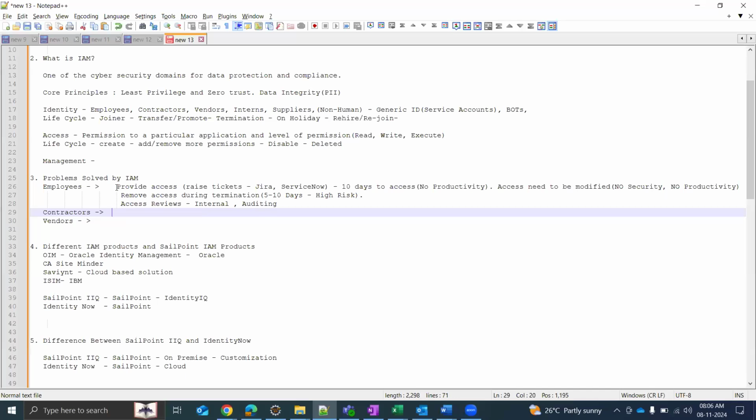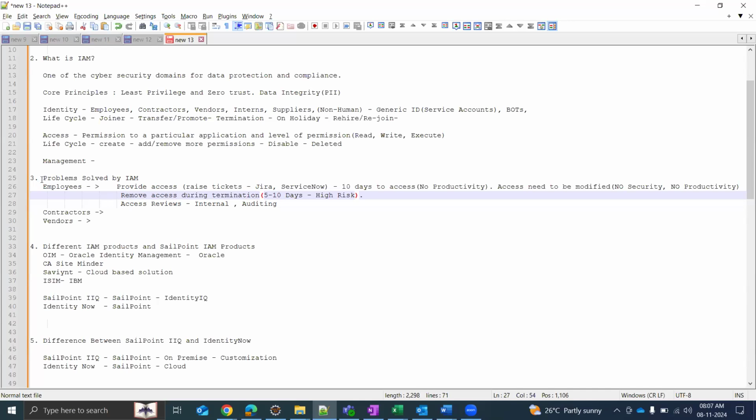So it makes sure that when an employee joins the organization, the access is provided to that person as soon as possible in an automated way. Through that automation, SailPoint solves this problem of productivity. And along with that, SailPoint will also make sure that access is removed for the person if the person is leaving the organization immediately or as soon as possible, thereby minimizing the impact on the organization or reducing the risk.